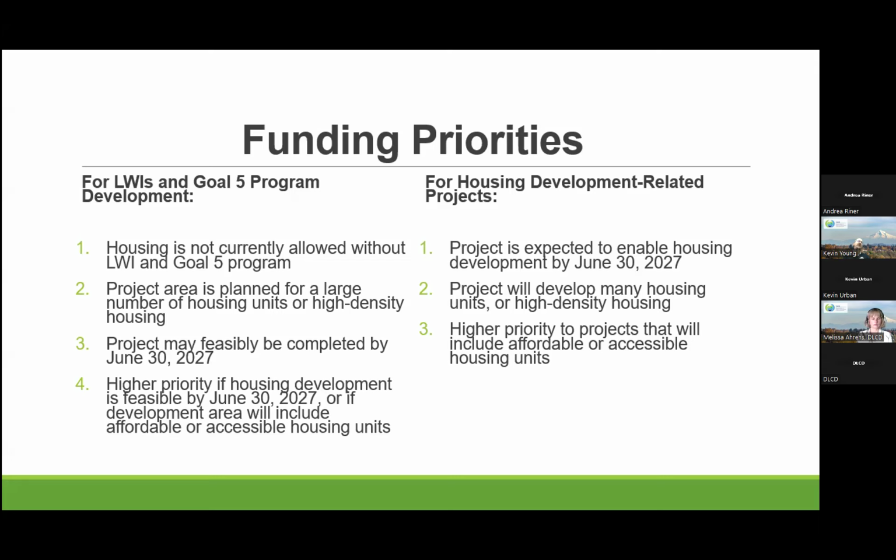And then additionally, we'll put a higher priority on, again, housing development, a project where housing development is feasible by that deadline, or if the development area will include affordable or accessible housing units. And we're developing the funding overview materials that will define affordable or accessible units.